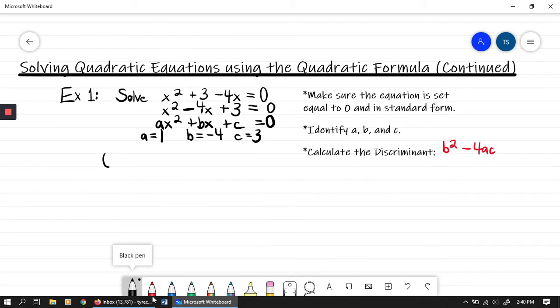So if you're calculating that discriminant, b squared minus 4 times a times c, here's my suggestion, especially for those who may not do so well with calculating certain things.